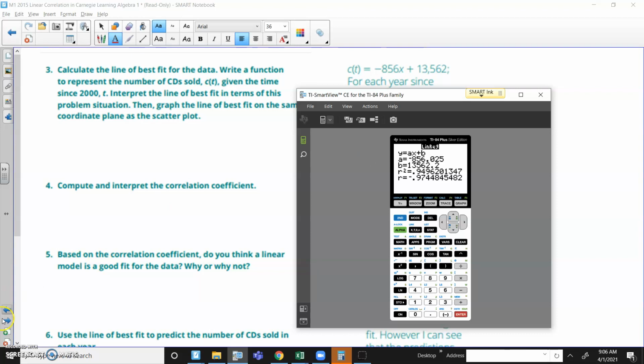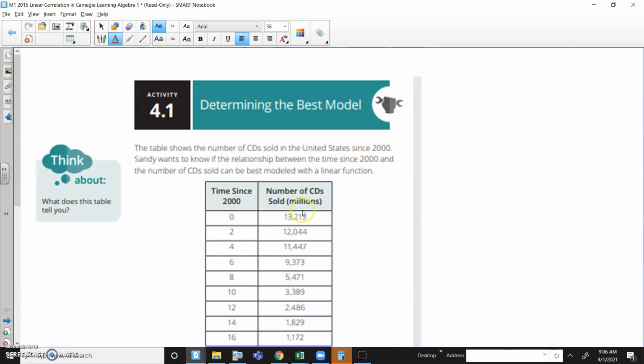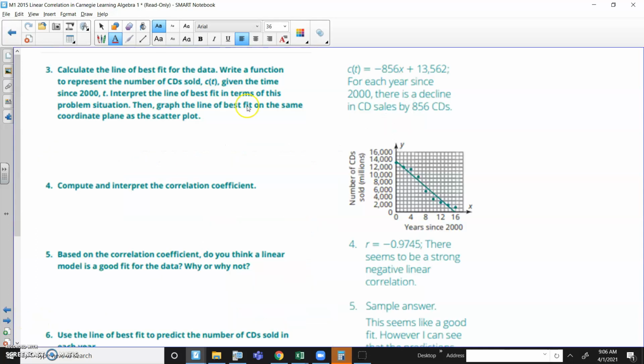And that first number is an approximate of where you started. If you remember your first point in 2000, it was 13,215 CDs sold. That number is not exact, because the other points are throwing themselves into the average, so that value represents what's called the y-intercept. But then this value here represents the rate of change, meaning you're going down that many CDs on average per year.